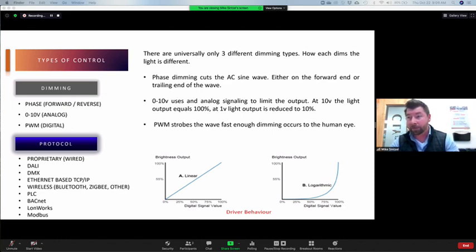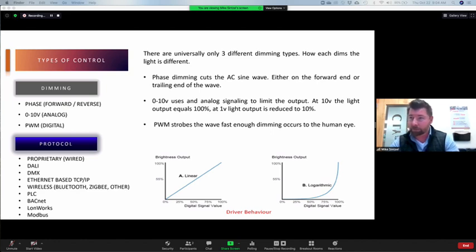Most of the systems that I see and I design for the exterior of buildings are DMX. You have another protocol, Ethernet-based TCP/IP. Then you have wireless, Bluetooth, Zigbee, and then there's other proprietary ones. You have PLC, BACnet, LonWorks, and Modbus.